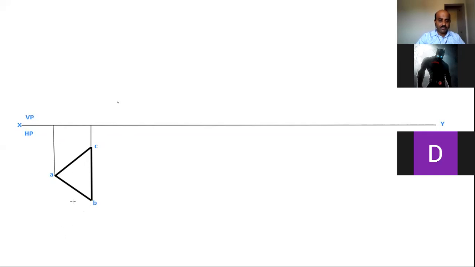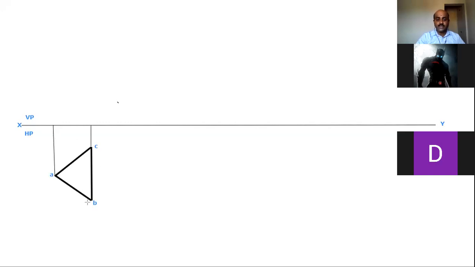When you see from the front, you can see only the two points which are nearer to the observer. The observer is here and you are observing the object, and you can see only the two points A and B, and the edge which connects them, AB, is seen in the front view.